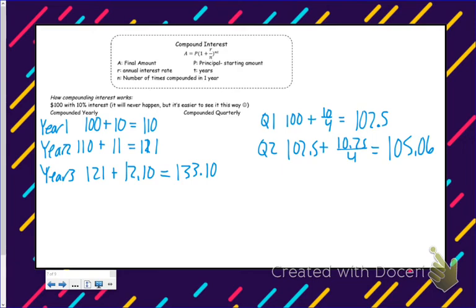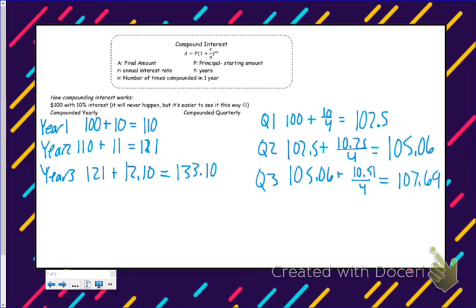Again, for quarter 3, I would take that $105.06, take 10% of that, and divide it by 4 because it's a quarter, and that would put me at $107.